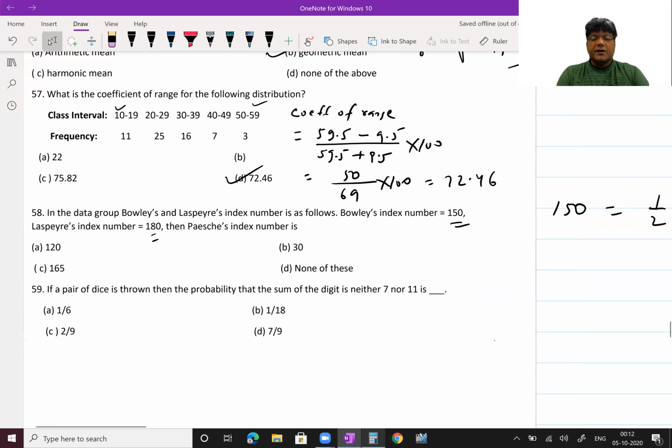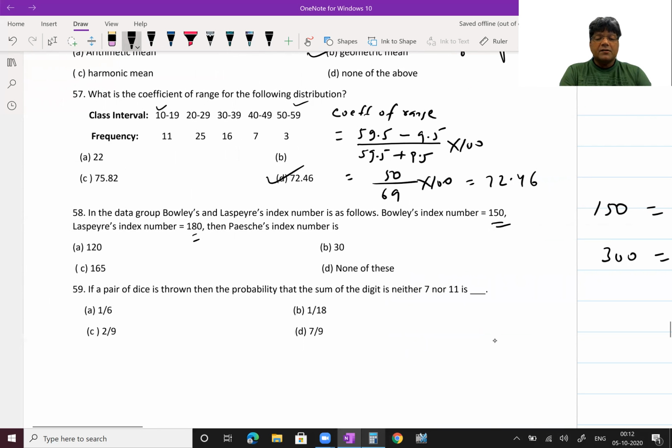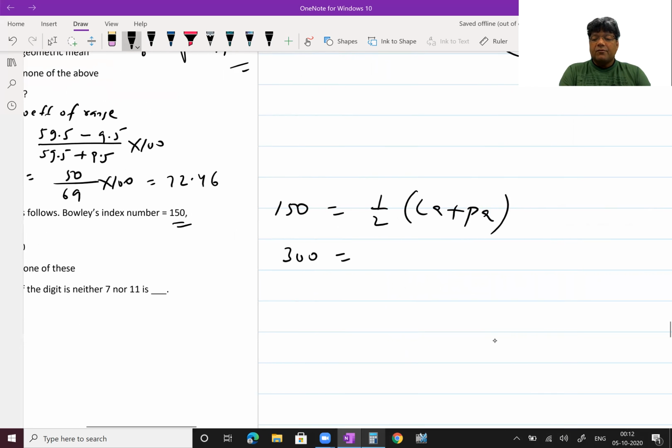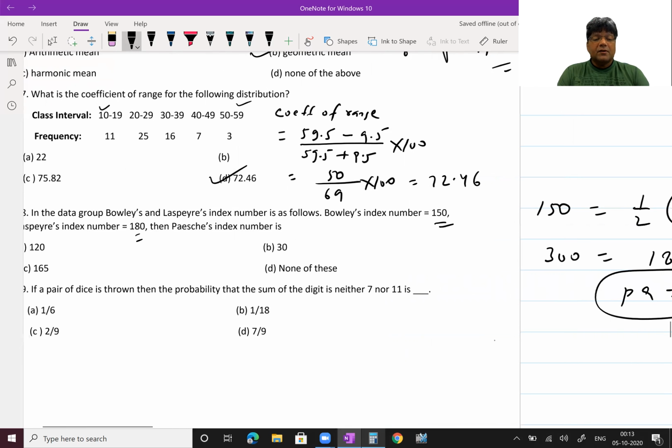La is given as 180, Pa is asked. Cross multiply: 300 is equal to 180 plus Pa. So obviously Pa is equal to 120, option A.